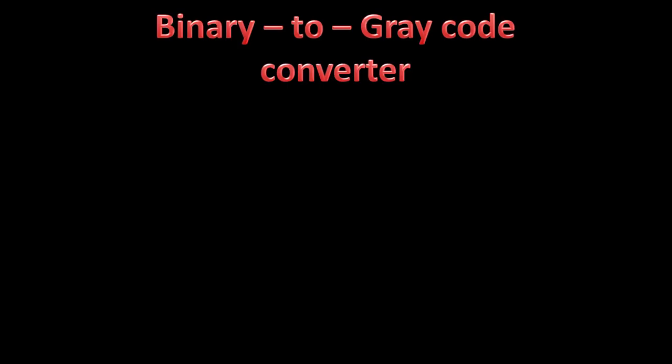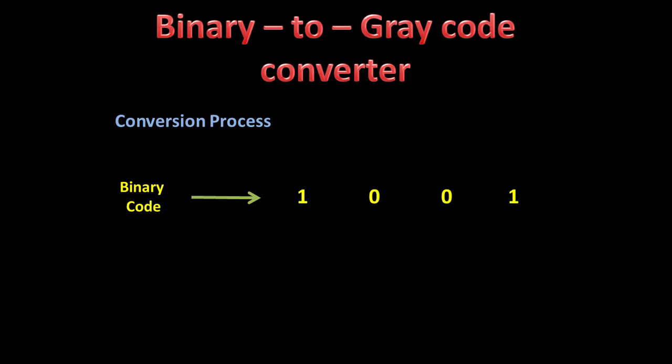So first let us start with the binary to gray code converter. Before starting with this, we must know the conversion process, so how this conversion takes place. Suppose we have a binary code, say 1001. Now how do we convert this 1001 binary code to gray code? The process is very simple. The first number, the leftmost bit, we write as it is.